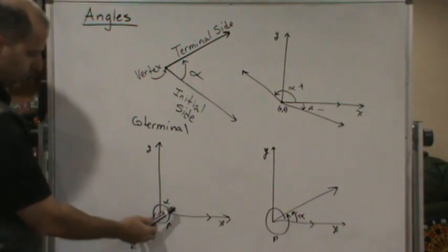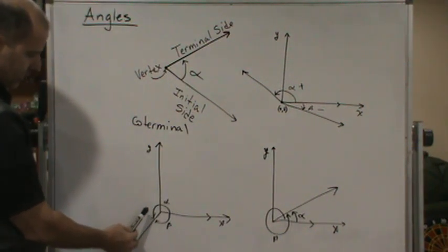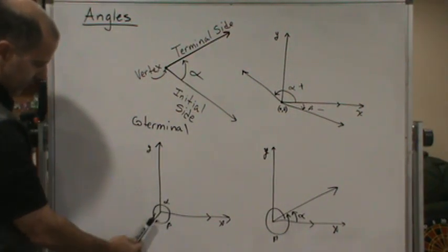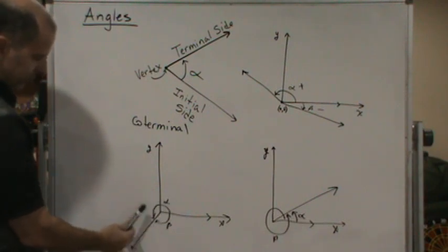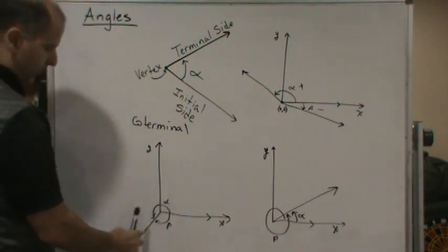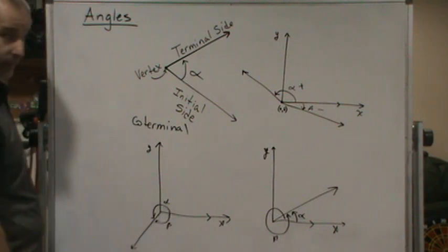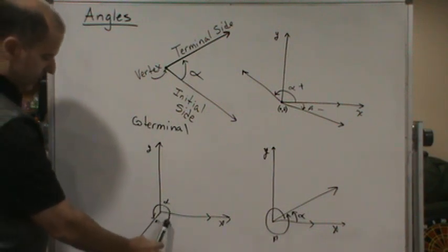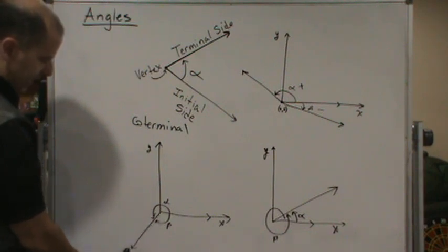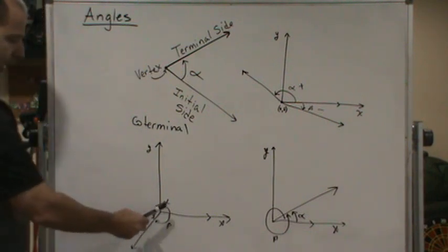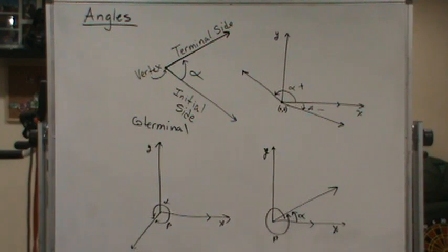Now alpha goes counterclockwise to end here, so alpha is a positive angle, okay? But notice that beta goes the negative direction, so it's going clockwise. But they both end at the same terminal side. So alpha and beta in this case would be called coterminal angles because they end in the same spot.